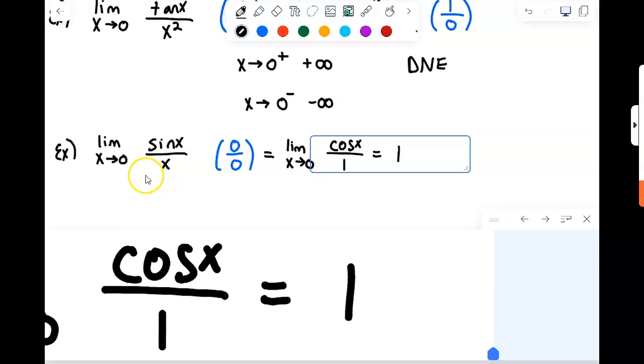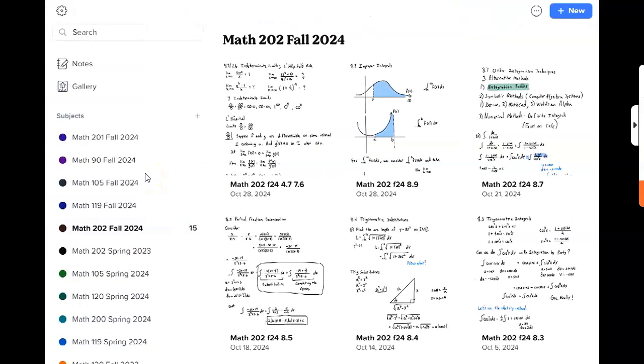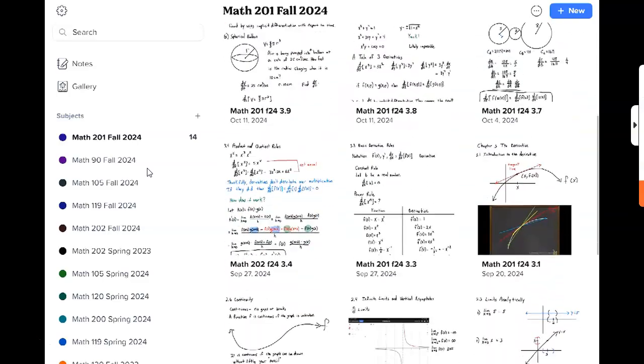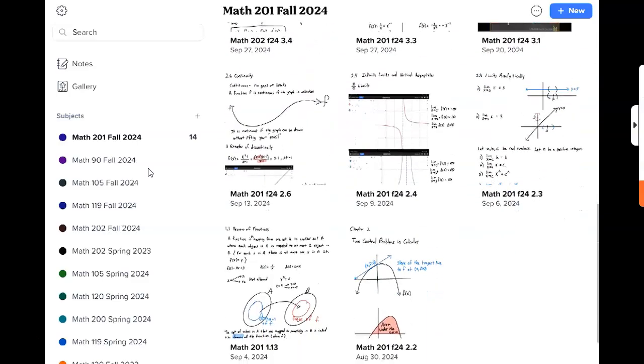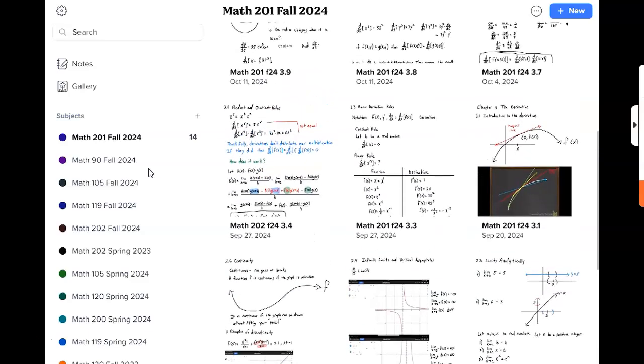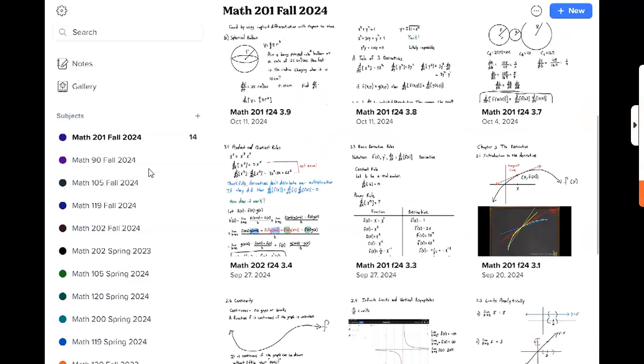You might recall from pre-calculus when you learned this idea here with derivatives. Yeah, here we are.